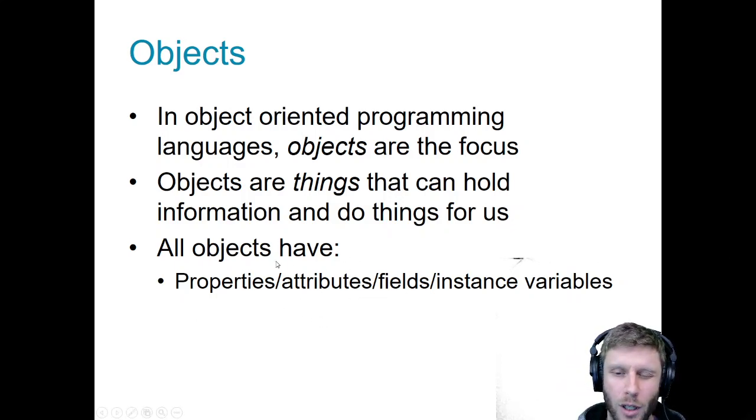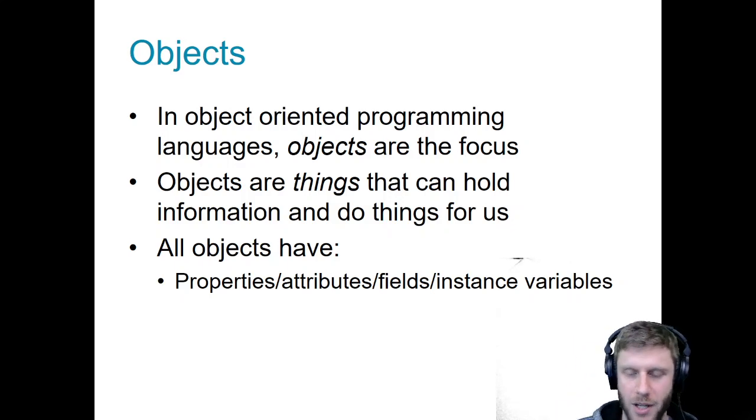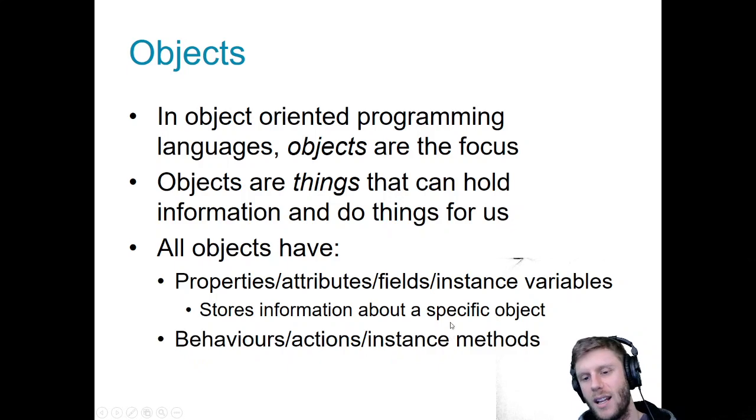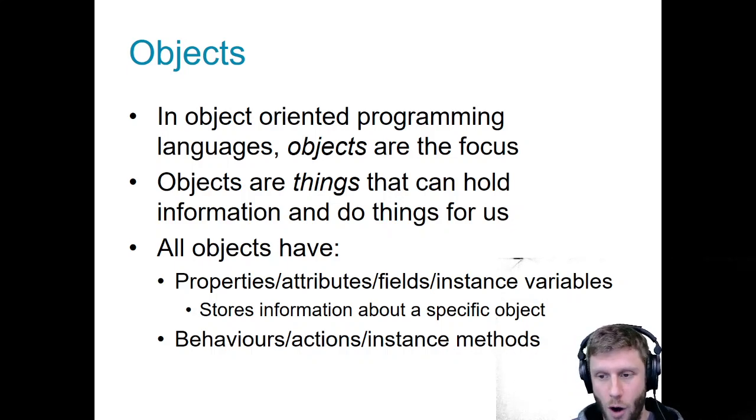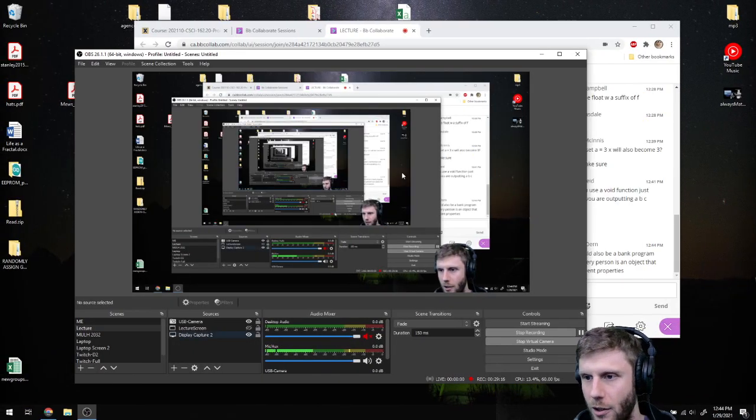These all mean the same thing. Attributes is usually the word I'll use, but an attribute is just a variable that belongs to the object. Then behaviors, actions, instance methods are the functions that the object can perform. Often the word I'll use here is method. But a method is just a function, and an attribute is just a variable, but they belong to a specific object.